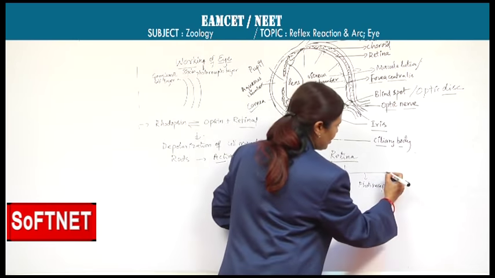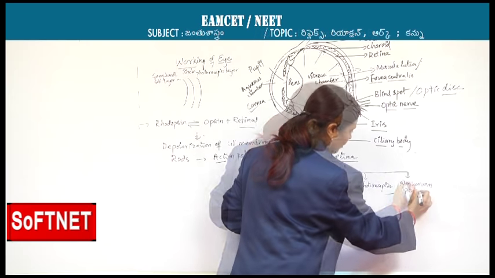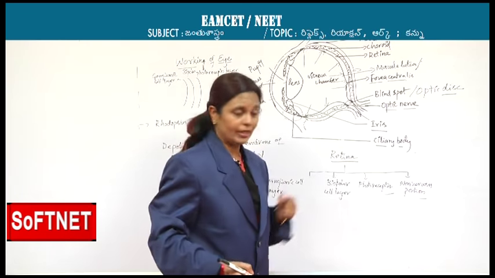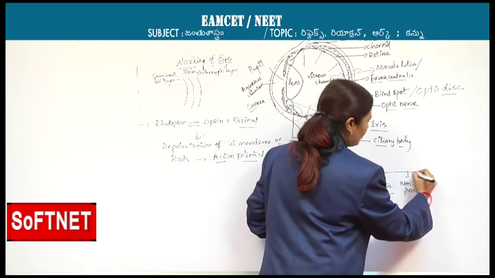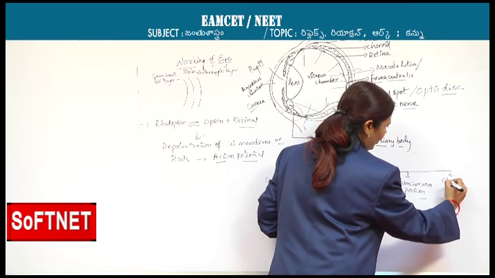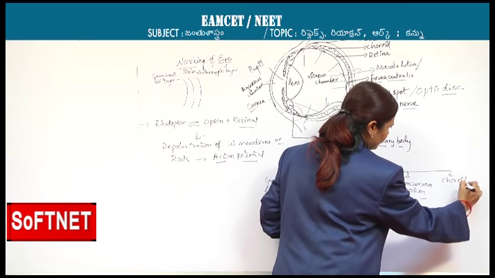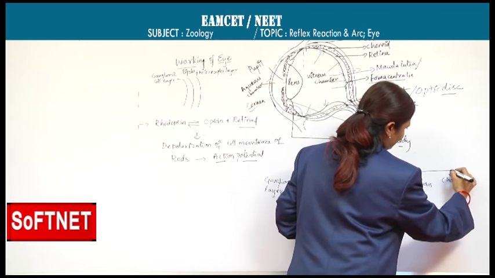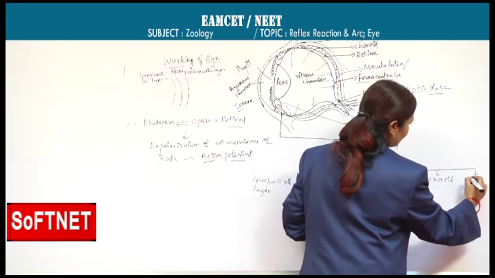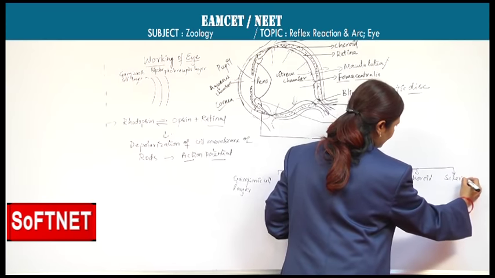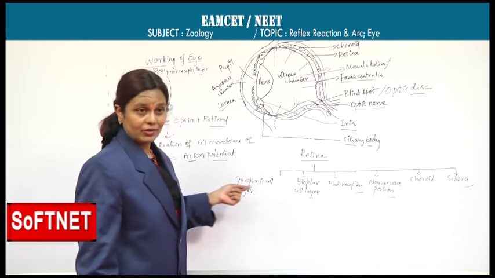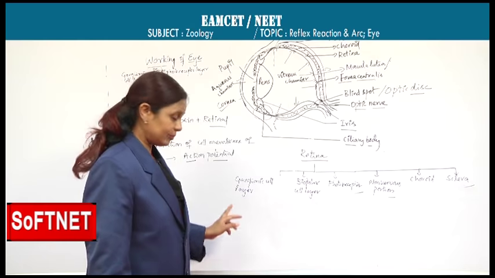Then followed by the non-nervous portion, that is the pigmented epithelium containing melanin. Then this is the choroid. Choroid is followed by the sclera. So, this is the sequence of layers in the wall of the eyeball.